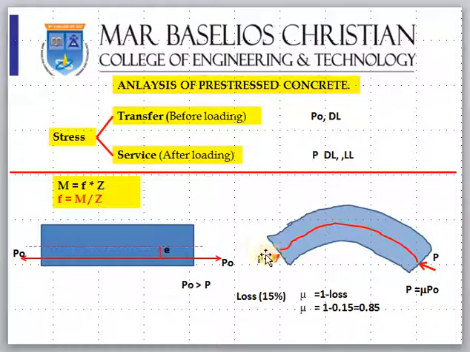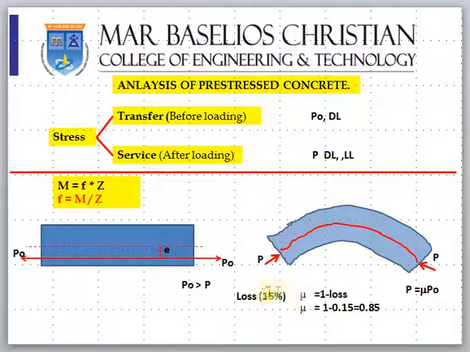The steel might slip, which is called a loss. So instead of the 100 applied initially, the load may now be 80 or 85. So 100 becomes 85, and that 15 is called the loss.